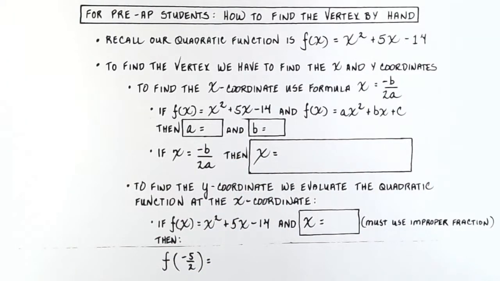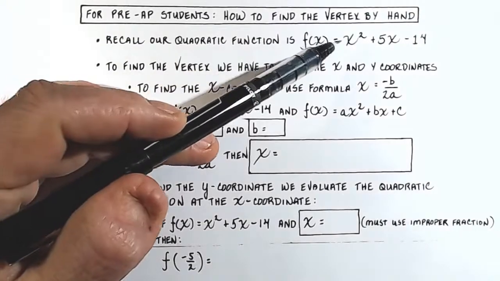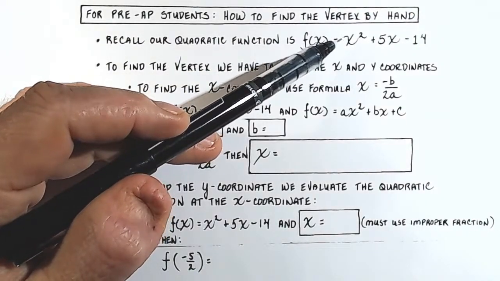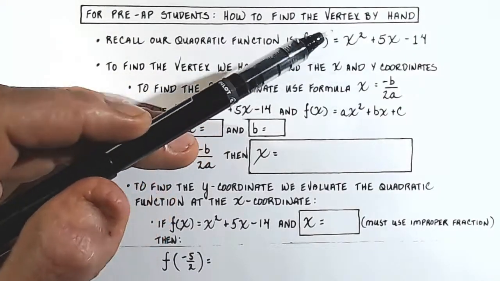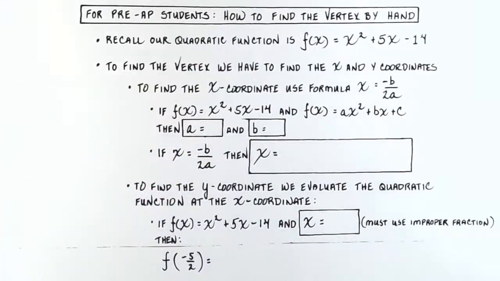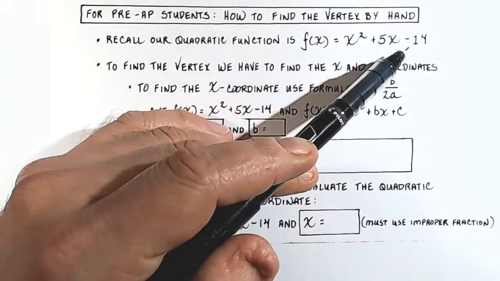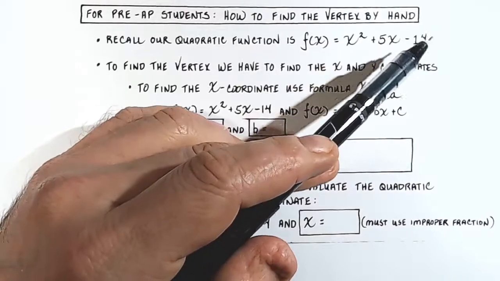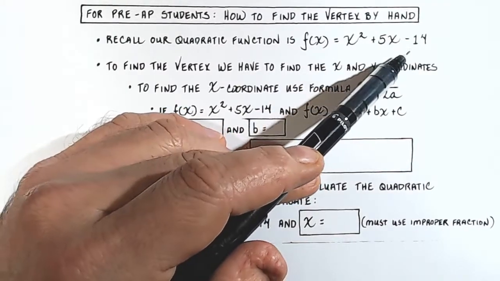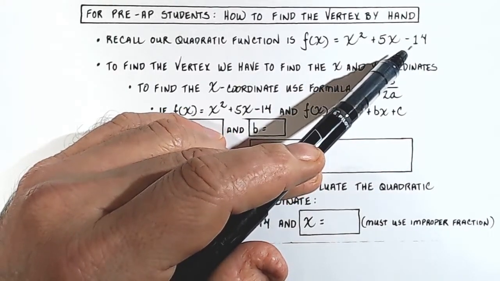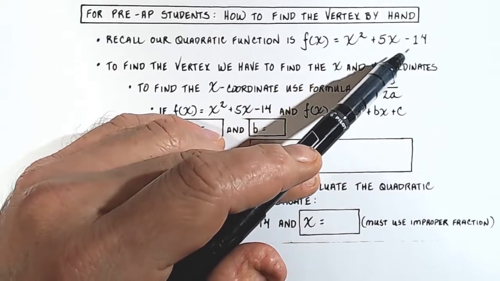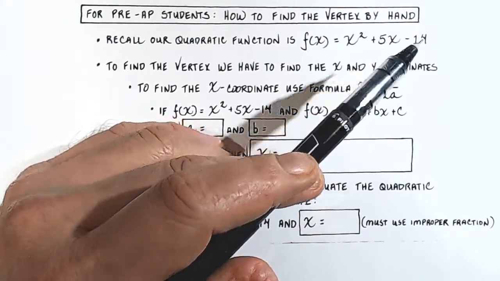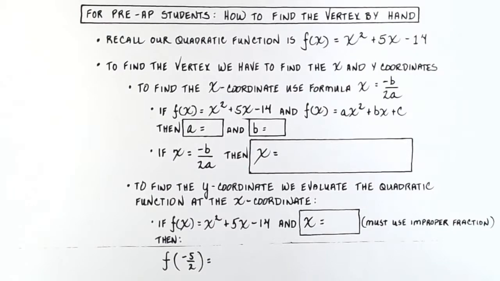And we already learned that the initial value here in the a position is 1. That means it's an upward pointing quadratic function. And we learned that the terminal digits here, the c position value, is a constant term. This represents the y-intercept. And so what we want to do is find the vertex.